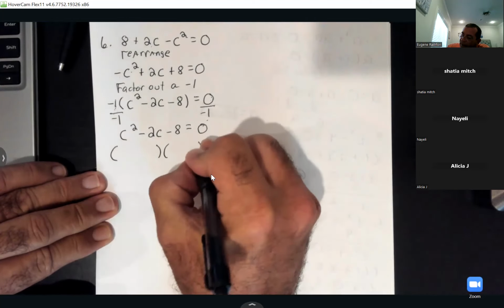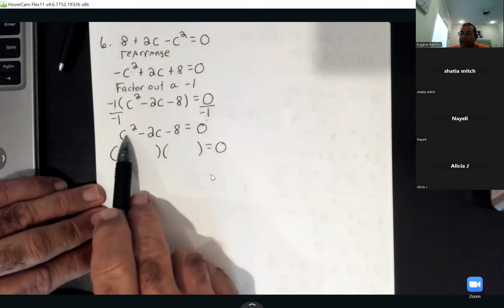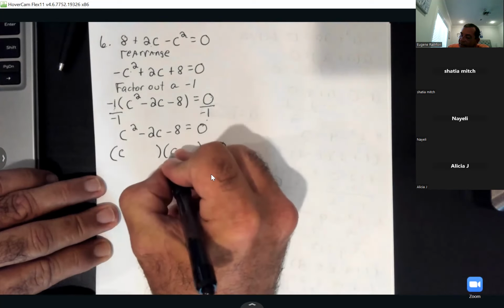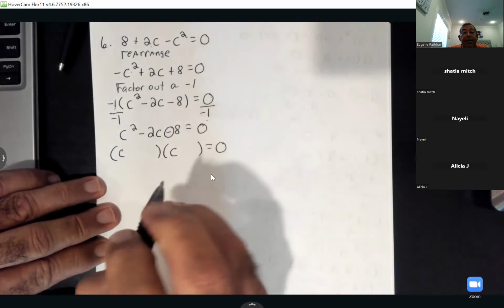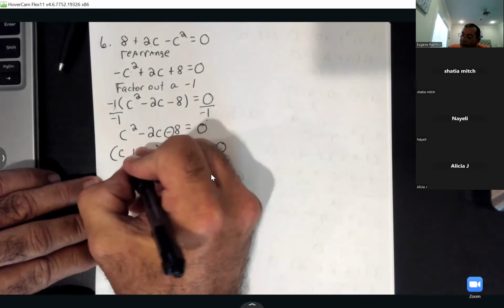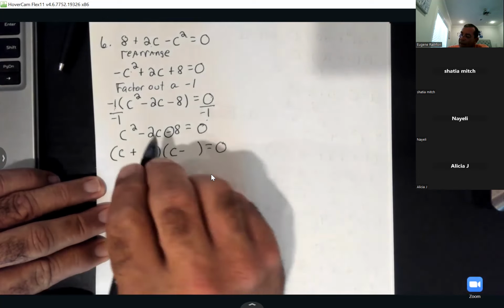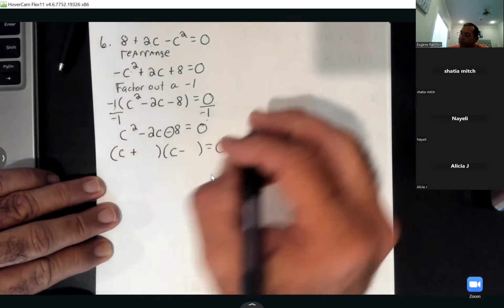All right. So now we're ready to factor this thing. I got a c squared. That'll be a c and a c. The last number is negative. So one of these is positive, one is negative. I need factors of 8 that will subtract and get a 2.